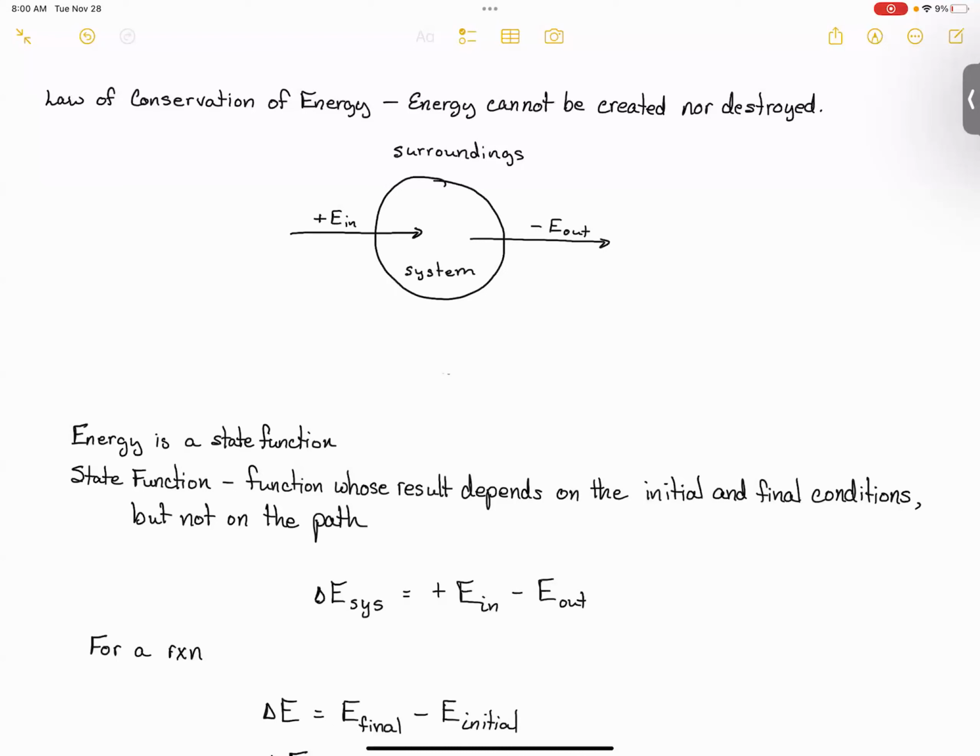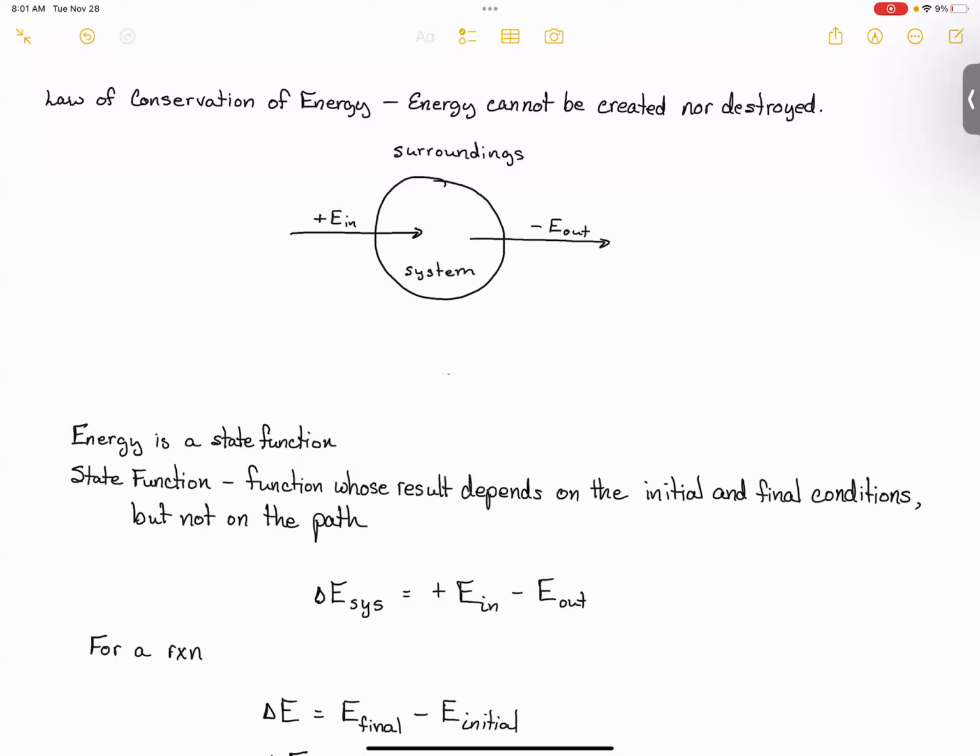So I wanted to just recap a little bit of what we talked about on Tuesday of last week. The law of conservation of energy says that energy cannot be created nor destroyed. So when we're thinking about a reaction, we have to think about it from the perspective of the system, which is the physical reactions, the reactants, and the products, and then the surroundings. The surroundings is everything else, including the water that it is dissolved in, the container that it's held in, the air above it, stuff like that.